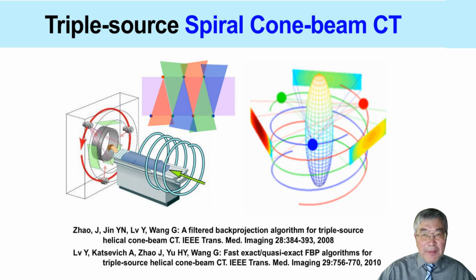Finally, let me mention that cone beam CT remains a very unique and important area. It is unique because it combines several difficult issues at the same time: beam divergence, three-dimensional geometry, helical scanning, and data truncation.